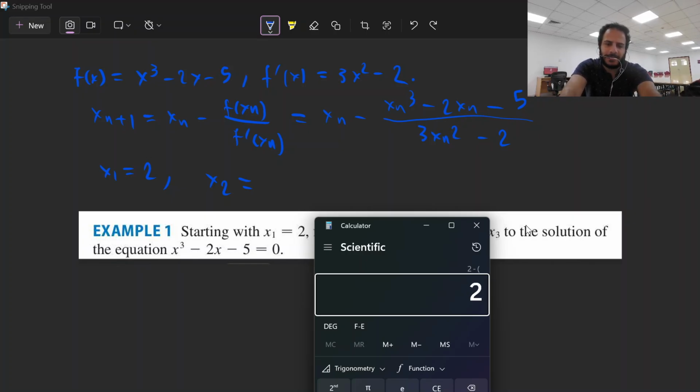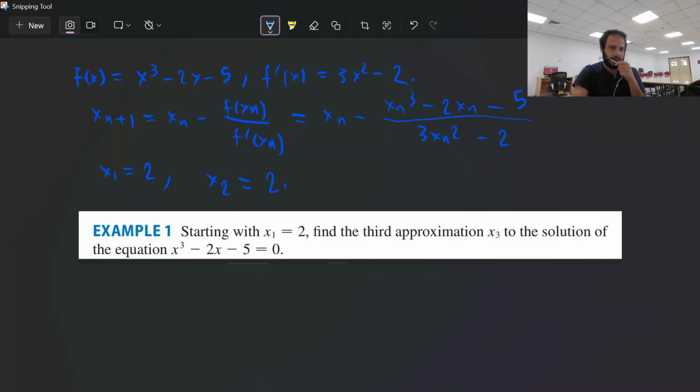You get 2 cubed minus 2 times 2 minus 5. You close the parentheses, okay? Then you divide by, you open parentheses now for the denominator. You get 3 times 2 squared minus 2. You close it, and now you click enter, you find the result. It's 2.1. Okay, so x2 equals 2.1.